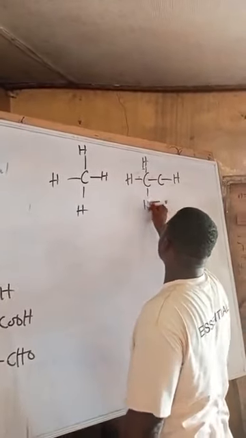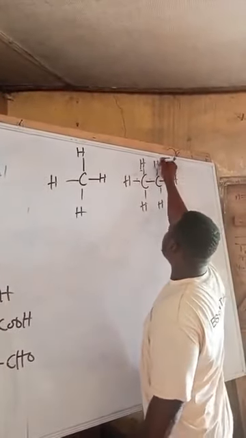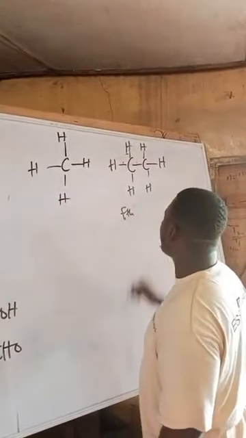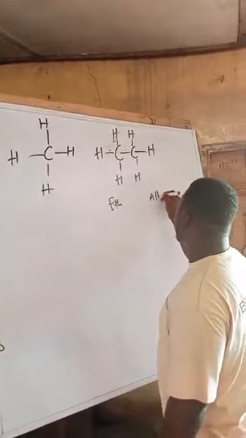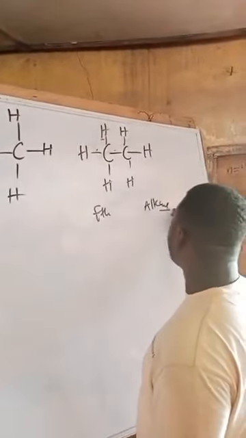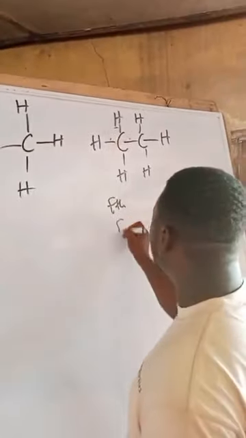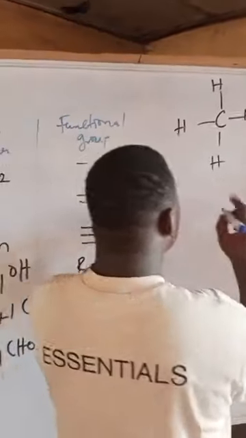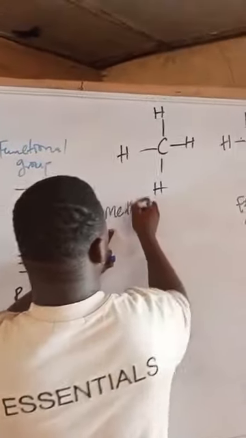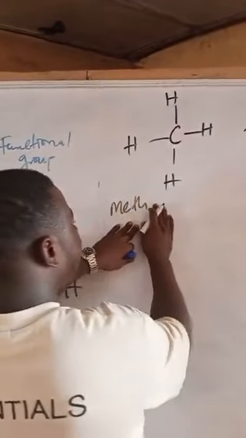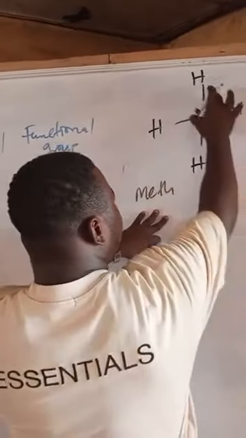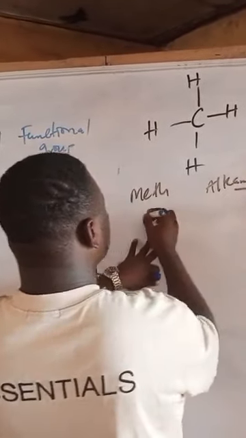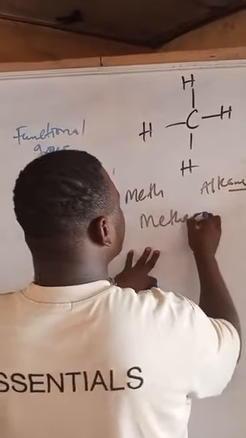Remember, two carbon atoms is called eth, but the functional group is an alkane. So we attach the ending to eth, so this becomes ethane. Now remember, one carbon atom is called meth, right? Therefore, the functional group is an alkane. We add the ending to it, so this is methane.